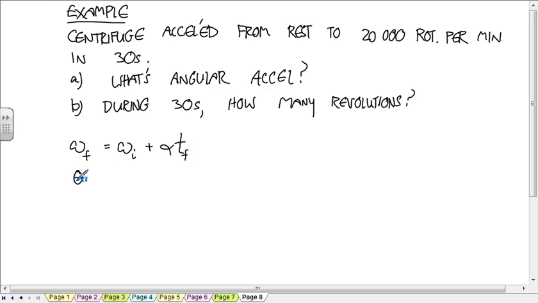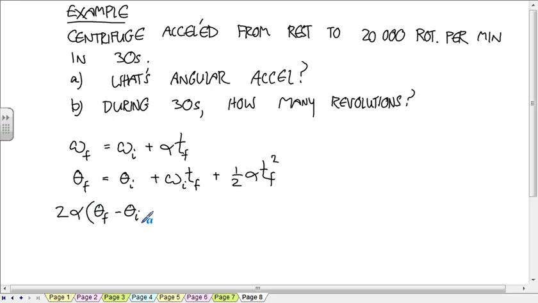And then theta_f = theta_i + omega_i t_f + 1/2 alpha t_f squared. And then the last one is 2 alpha times (theta_f minus theta_i) = omega_f squared minus omega_i squared.